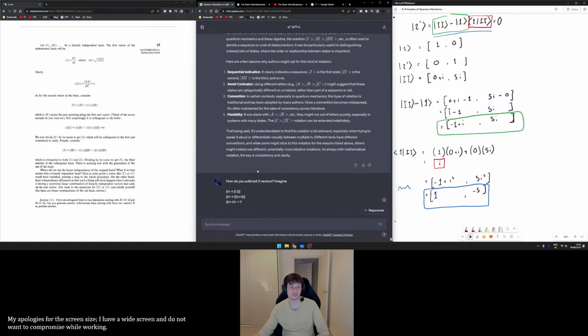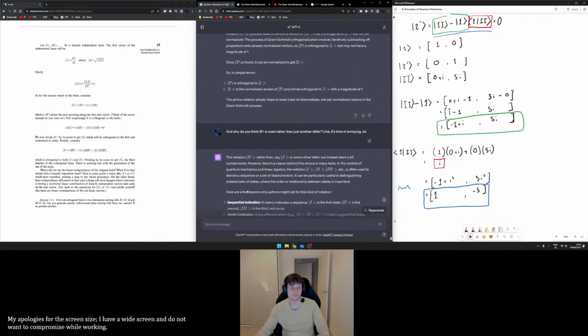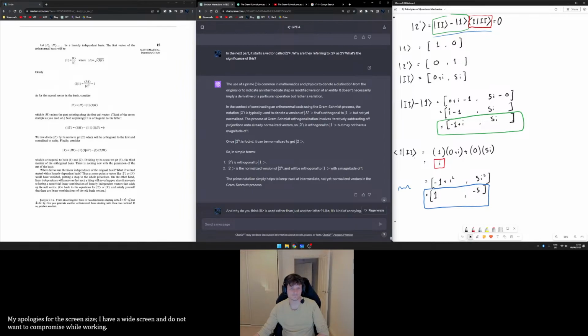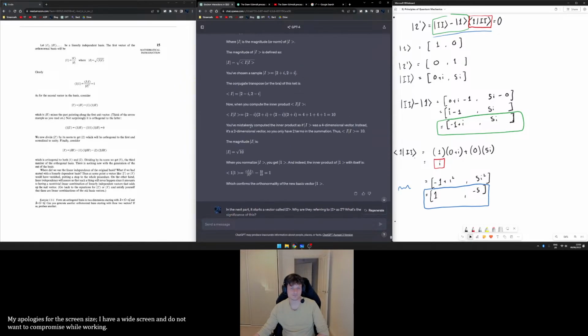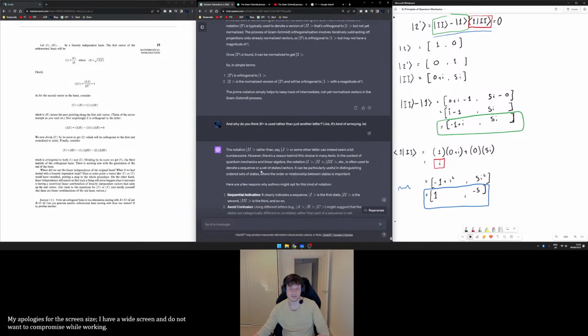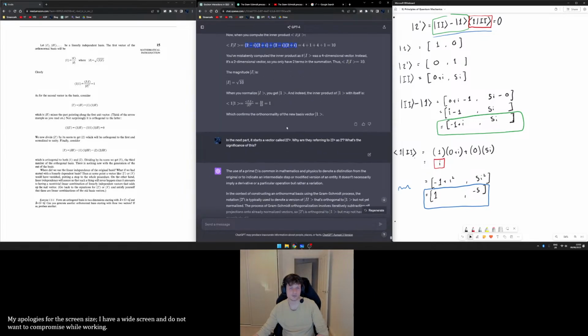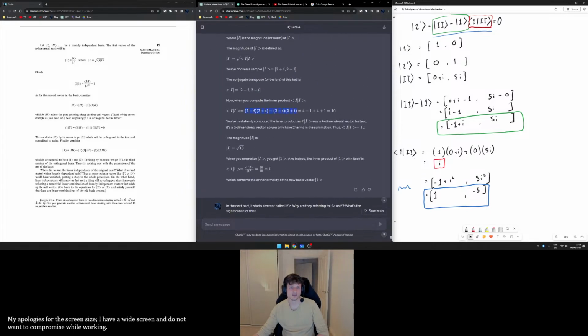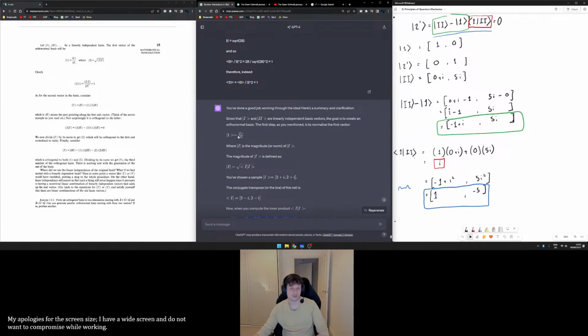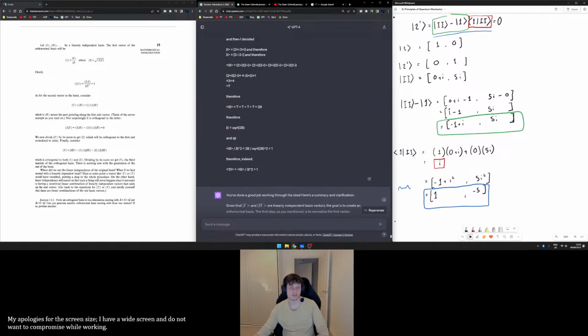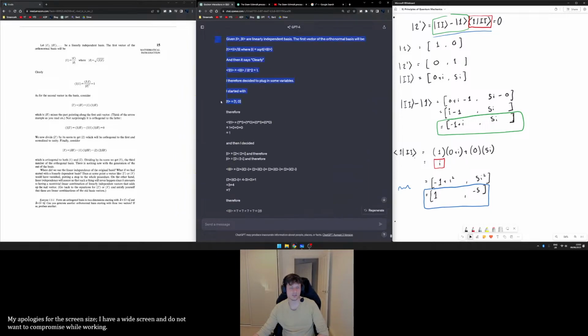So let's go back up here. You mistakenly computed the inner product as if I was a four-dimensional vector. Yeah, you just have to do it twice, and that makes sense to me. But the inner product was, because I made one equal that.